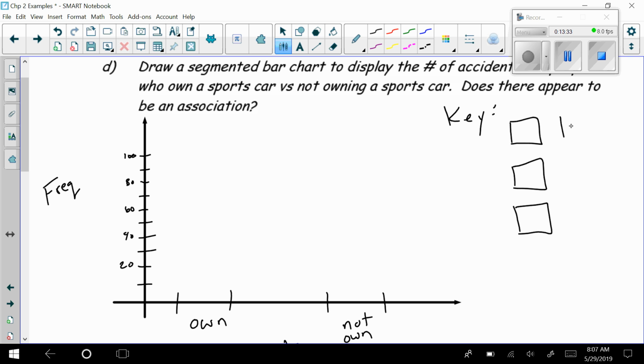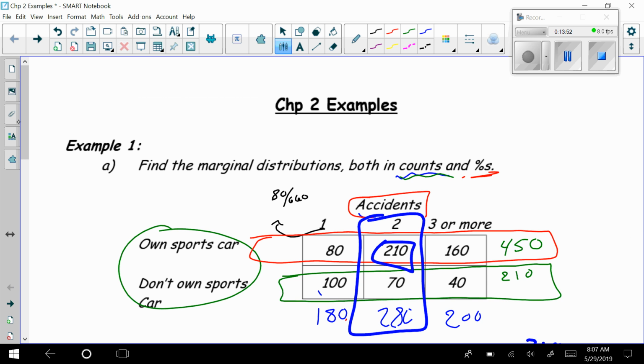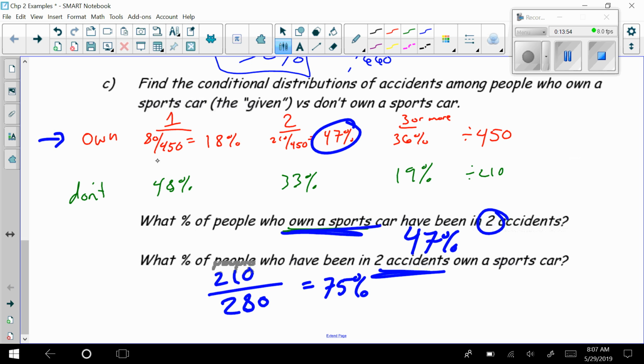Well, there's 1 accident, 2 accidents, and 3 or more accidents. We've done this kind of thing before, actually. Back here, when we created our distributions, basically this red part, that's red own, is going into the other one. So here I have 18, 47, 36.